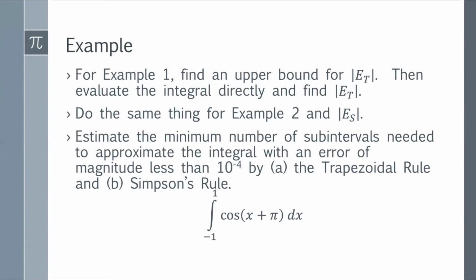Estimate the minimum number of subintervals needed to approximate the integral with an error of magnitude less than 10 to the negative 4, first by the trapezoidal rule and then by Simpson's rule. So the integral is from -1 to 1 of cosine of x plus pi dx. And I'm going to switch over to the tablet where I've got this all set up.